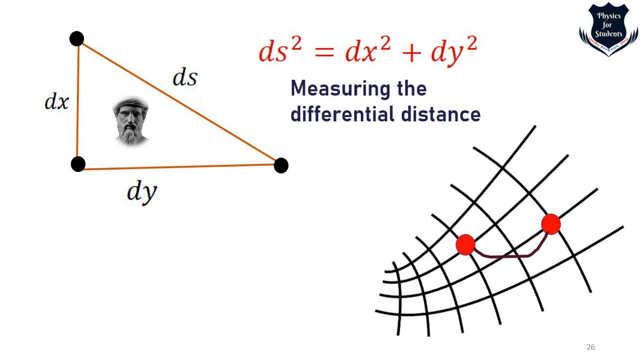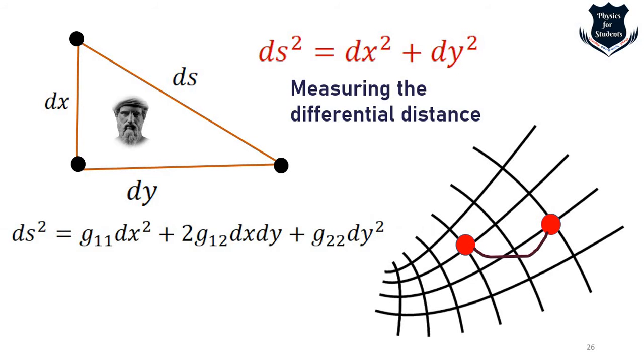No, because this is curved, and we get a calculation like this, which we call a quadratic equation, because it takes something squared, then 2 coefficients, and then again a square. So this is a quadratic form, which we will explain later. This explains the measuring of the differential distance not in a Euclidean plane using Pythagoras' theorem, but in a curved surface where the line actually is a curve.